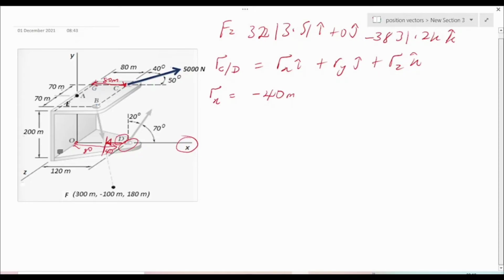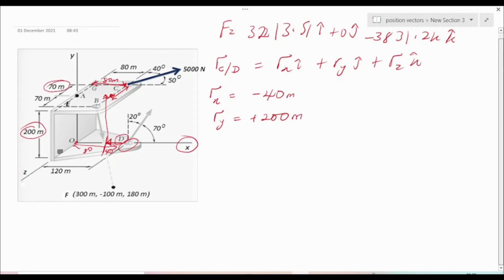Then once one has moved backwards, one may need to go upwards. And to go upward to the top of the box, one would have traveled a distance of 200 meters. Because it's upwards, which is the same direction as the y-axis, we have Ry equal to 200 meters, and in this case it's going to be positive. And finally, once one gets to the top of the box, which likely is going to be the middle along this line, one still needs to travel along the z-axis to get the dimension in the z-axis, and that is likely 70 meters.